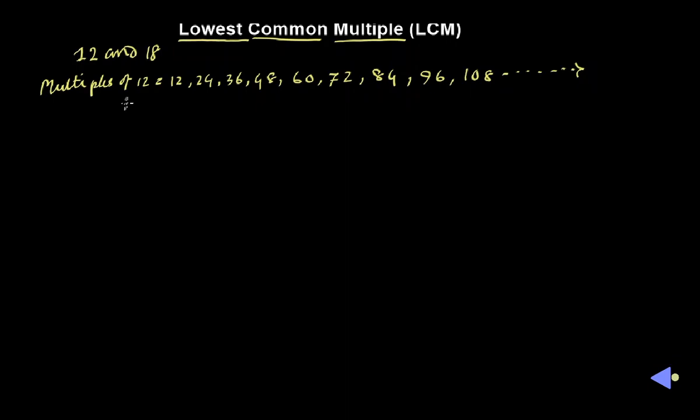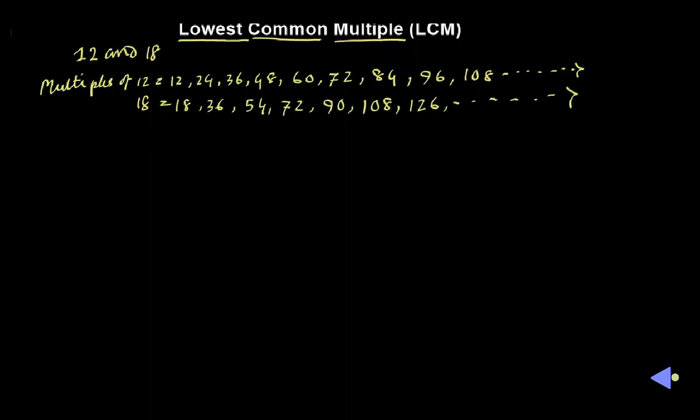Next, the multiples of 18, the table of 18: 18, 36, 54, 72, 90, 108, 126, and it goes on and on.